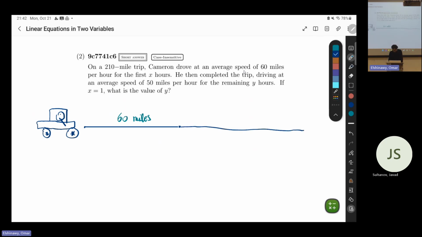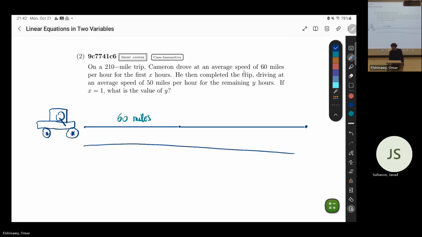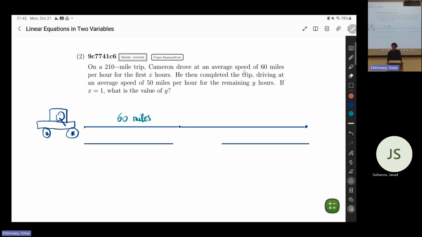So my first question for you is, if this whole journey was 210 miles, then how many miles did he cover in the brown part? So all of this is 210 miles. Then what is the brown part?